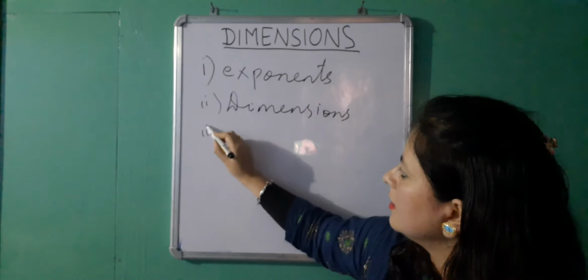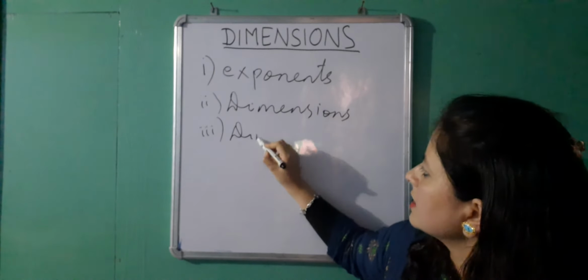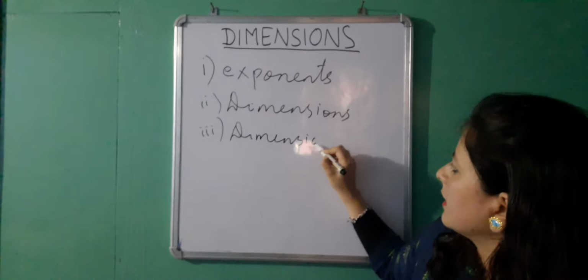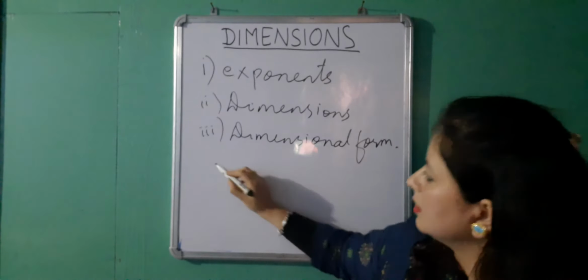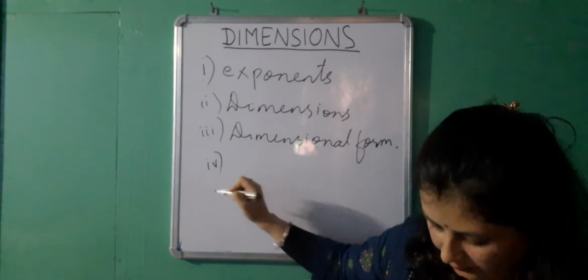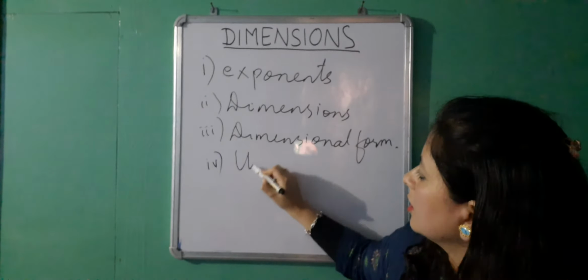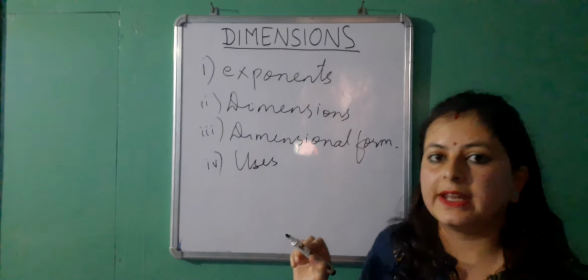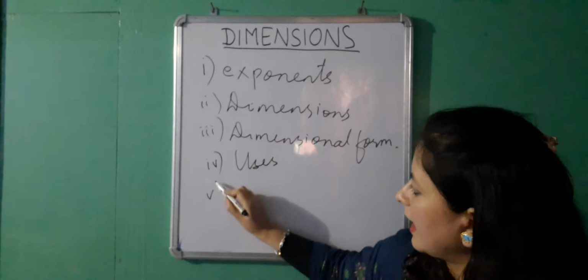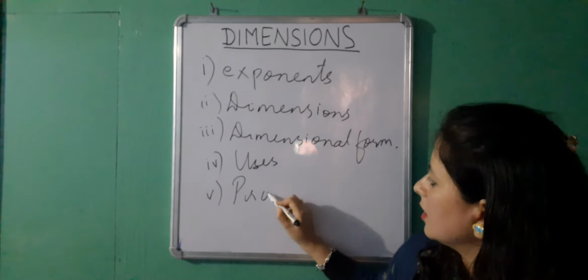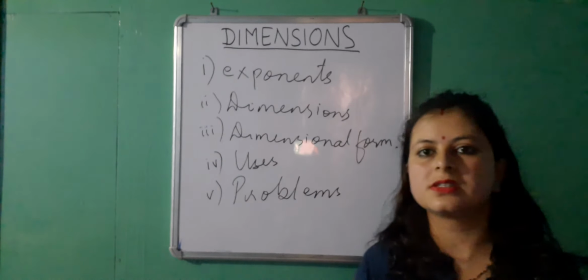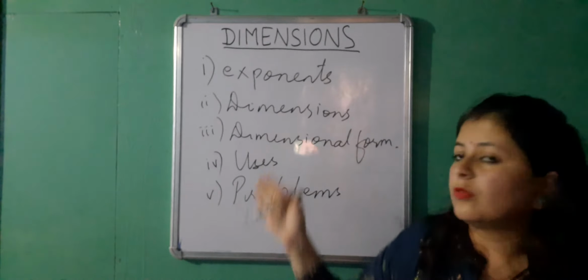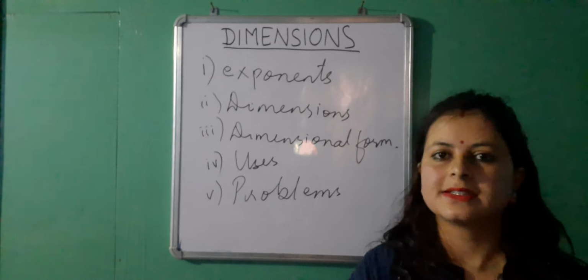Thirdly, we will learn what dimensional formulas are. Then we will learn the uses of dimensional analysis, and lastly we will do a few simple problems based on dimensions. So this is all what we are going to do in today's class.